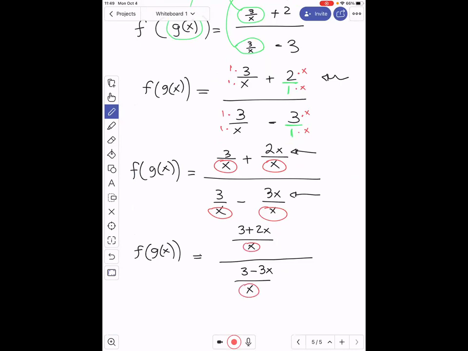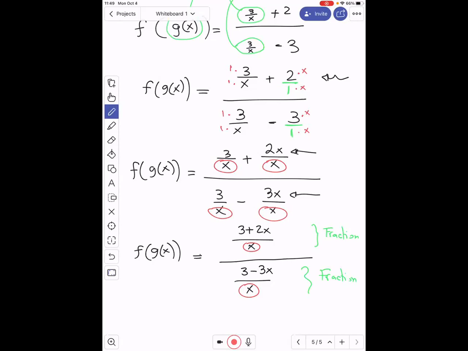Now, actually, we are dividing two fractions, right? We have a fraction in the top, and it's divided by another fraction. So what do we do when we divide two fractions? Well, we have to flip the one in the bottom.